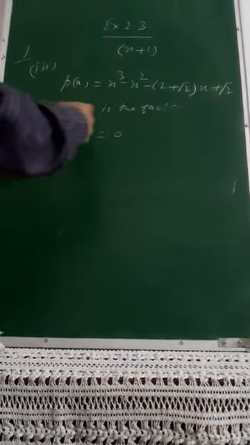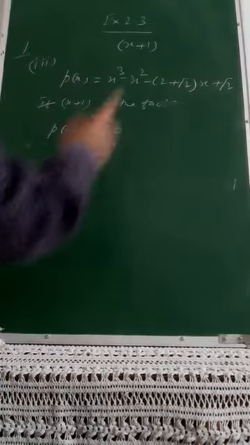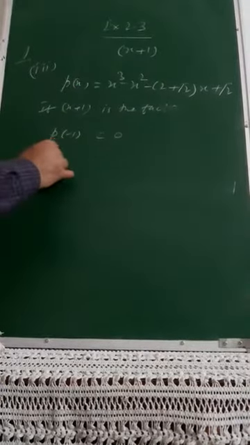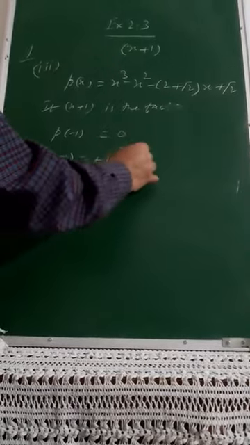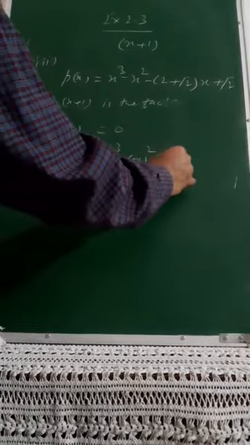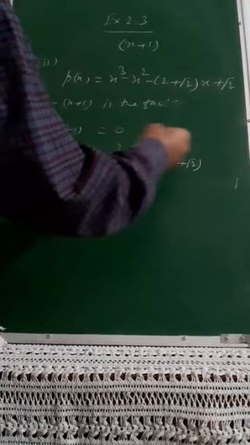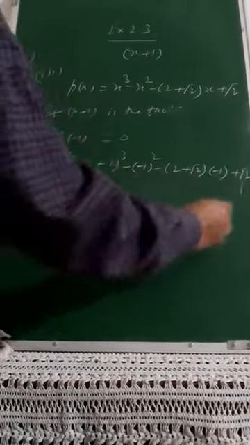Again you need to check if x plus 1 is the factor or not. So again I have to substitute x by minus 1. Let us see what happens for this particular case. Minus 1 cube minus 1 square, then it is minus 2 plus root 2 into minus 1 into minus 1. Wherever x is there, you have to replace it by minus 1 simply.